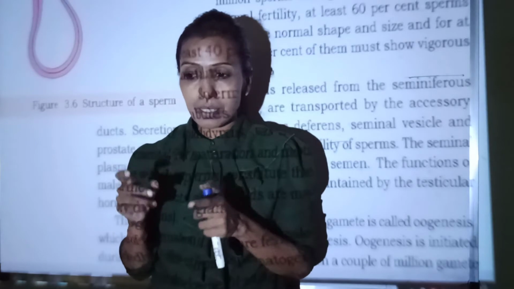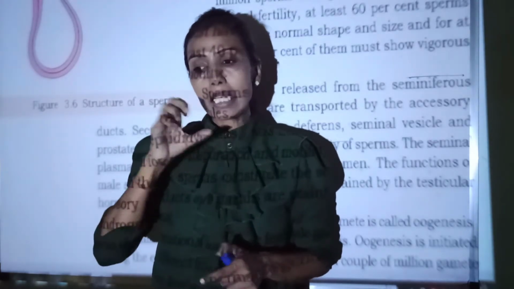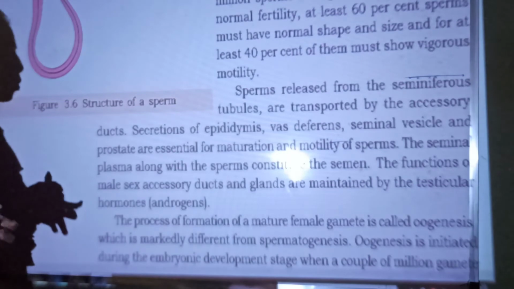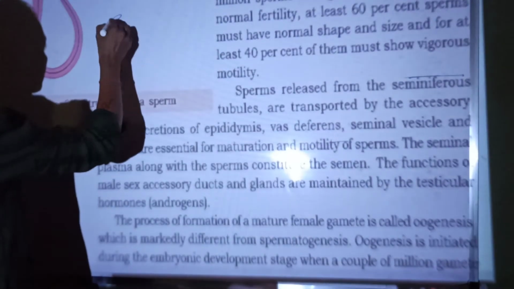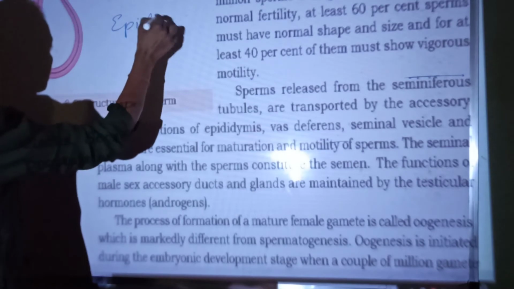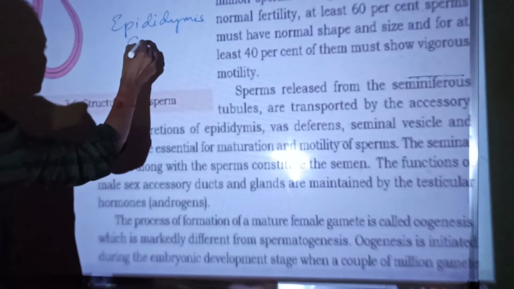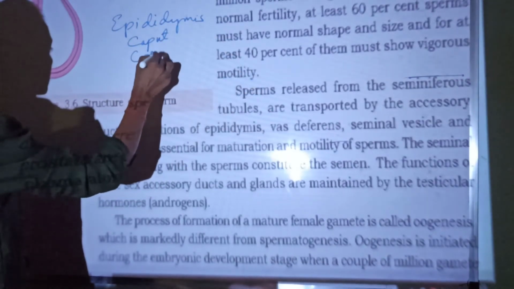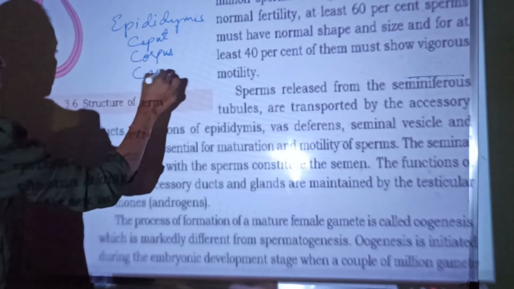But the site of maturation of the sperms is the tail part of the epididymis, called the cauda epididymis. I said the epididymis has 3 divisions: the head, the caput; the body, the corpus; and the tail, the cauda.